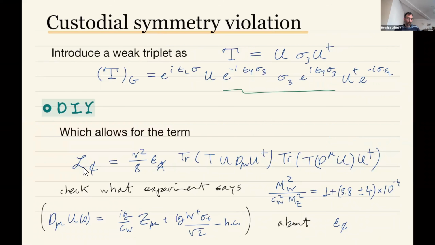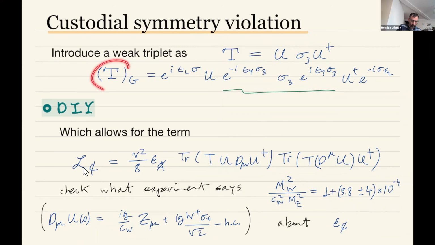Before we go on, let me have a note about custodial symmetry and the fact that even though we wrote things with this matrix U that transforms with well-defined properties under SU(2) left and SU(2) right, it need not be respected, and it can be broken. A way to write this is with a matrix T, in the note this is bold font T, in which we can just stick Pauli matrices in between a U and a U dagger, because this Pauli matrix in this space is proportional to the hypercharge generator, excuse me.